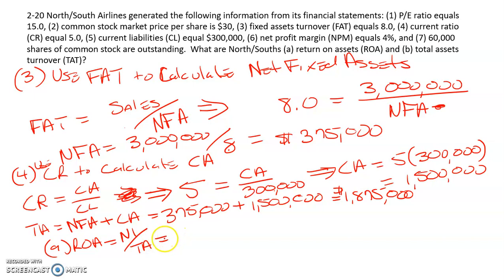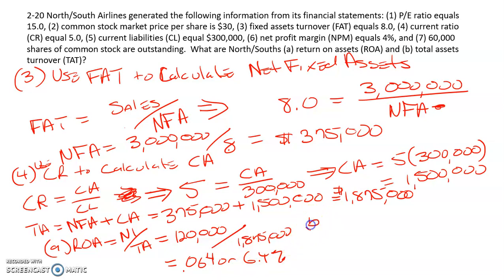Our net income was $120,000. Our total assets is right here, $1,875,000. So that is 0.064 or 6.4%.